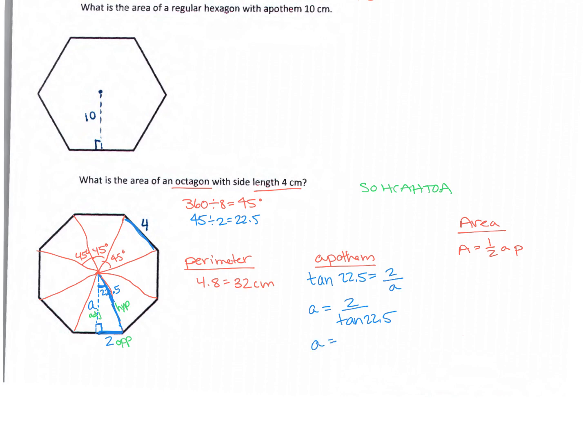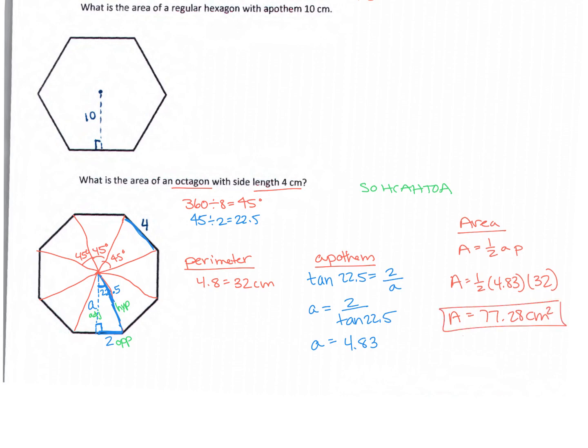When I plug that into my calculator, I get approximately 4.83. So now I'm ready to calculate my area. My area equals 1/2 my apothem, 4.83, times my perimeter of 32. And when I calculate that, I believe I get 77.28 centimeters squared.